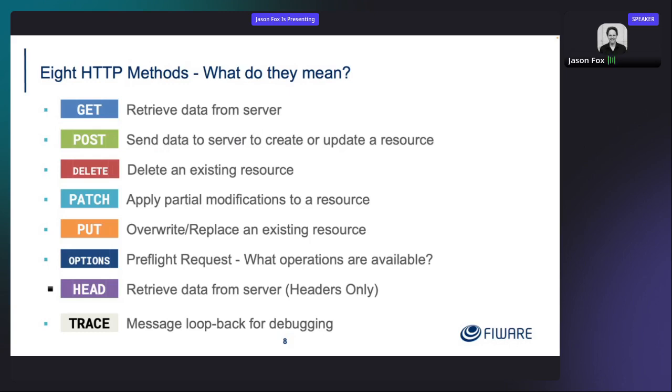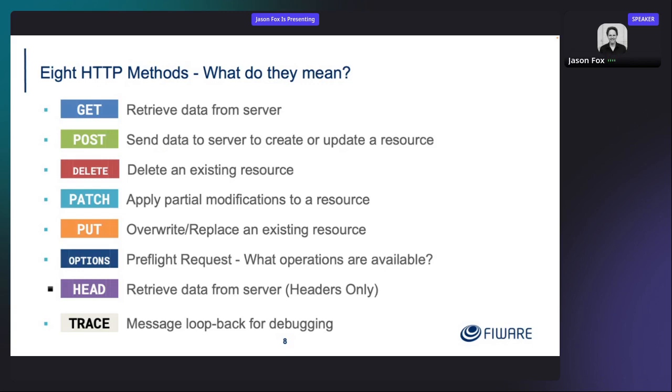The way the NGSI-LD API is defined is that the various HTTP methods are used as you would expect them to be used, and this is what they actually do. So get will get the entity; post, patch and delete are fairly obvious. Put is going to be an overwrite rather than a partial modify.